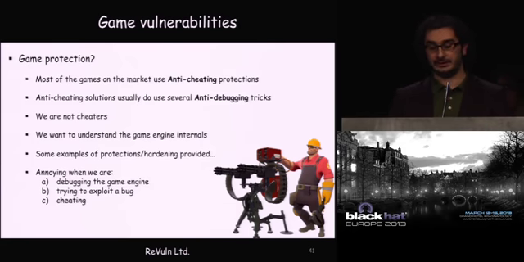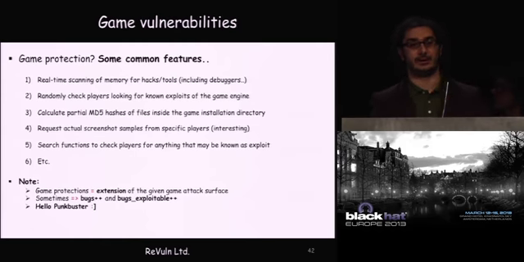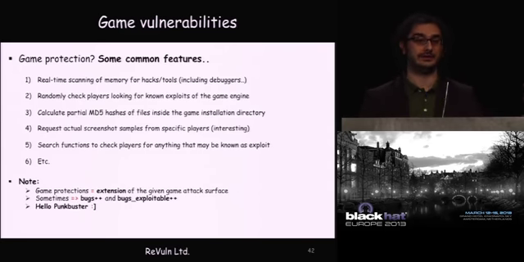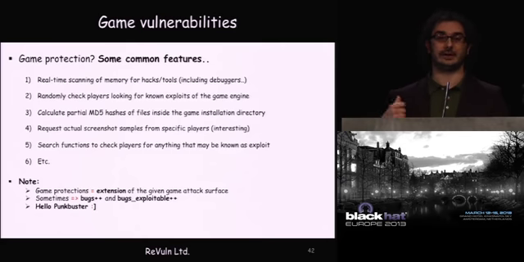But the important point here is that this kind of protection is not supposed to keep away the bug hunters. These are just a sort of way that game developers use to keep kids away. But if we are bug hunters and we are looking for vulnerabilities inside games, we should consider this kind of protection as new opportunities to find new and additional vulnerabilities.